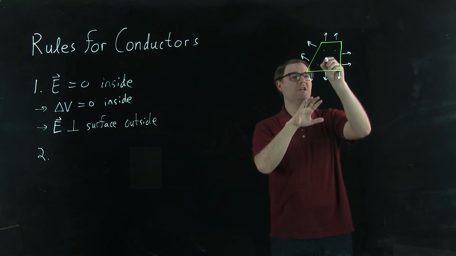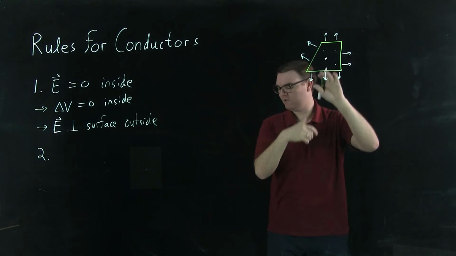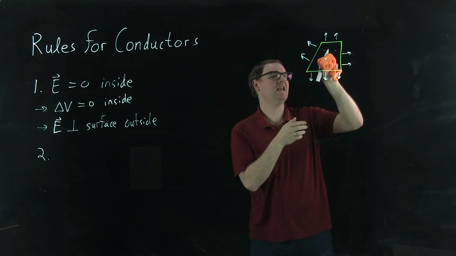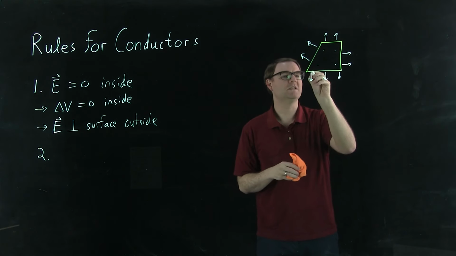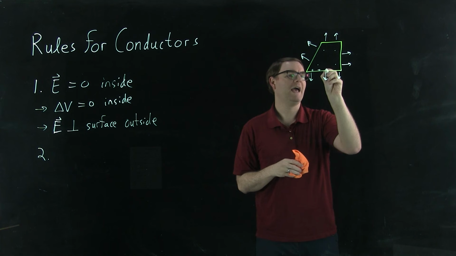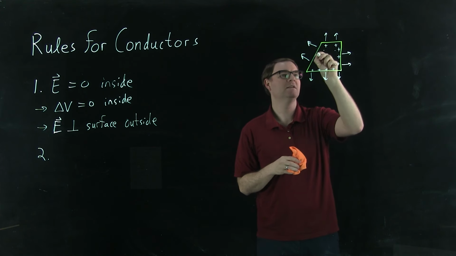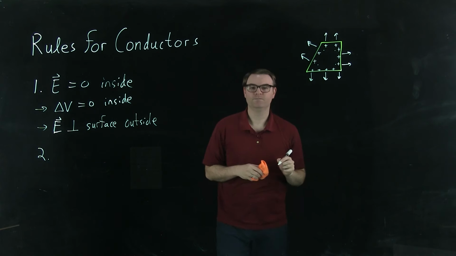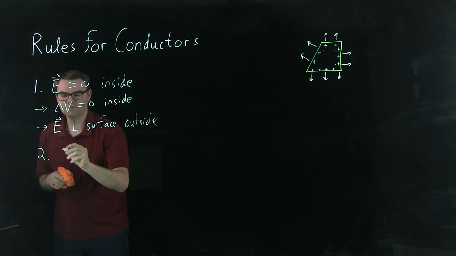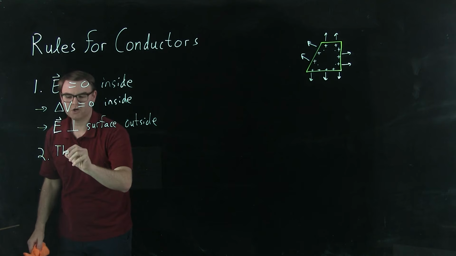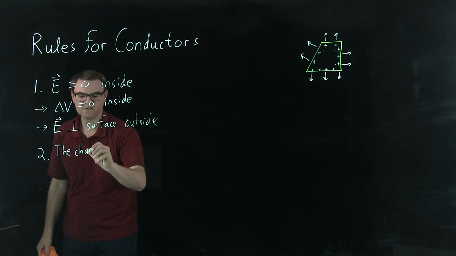There won't be any free charges just living in the middle. Instead, any charges that live on this piece of metal will do so out here on the edges. Something like this. So I'll add this as another rule here, which is the charges live on the surface.